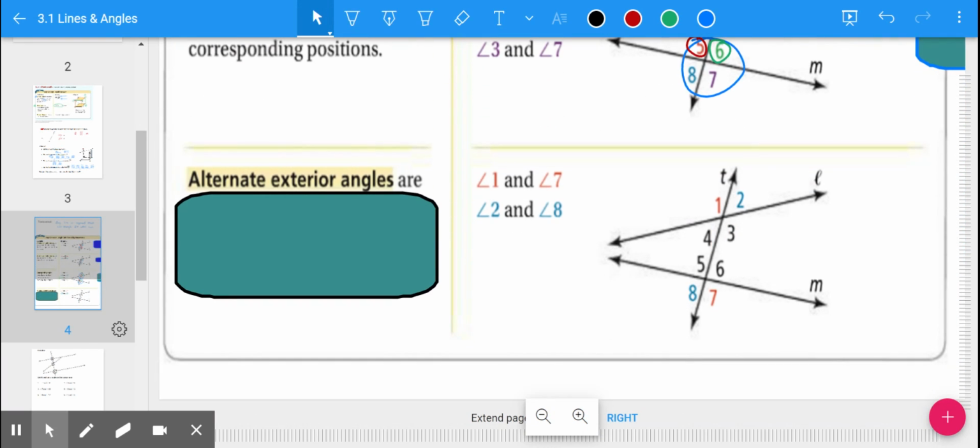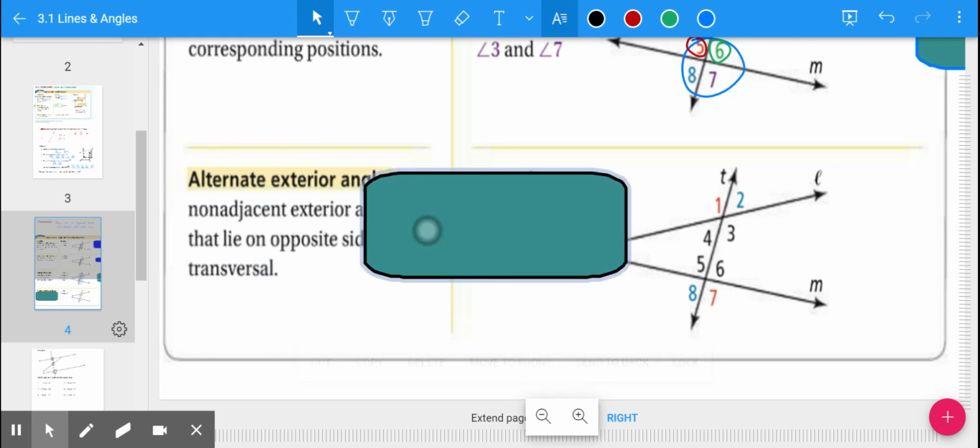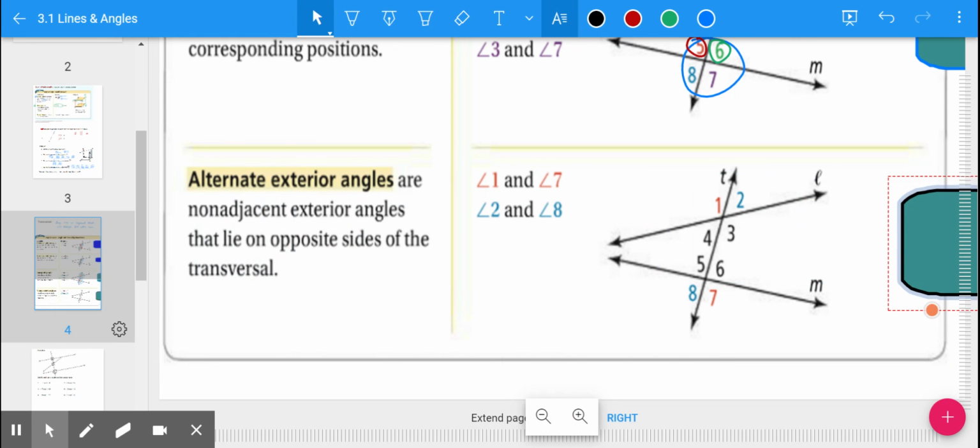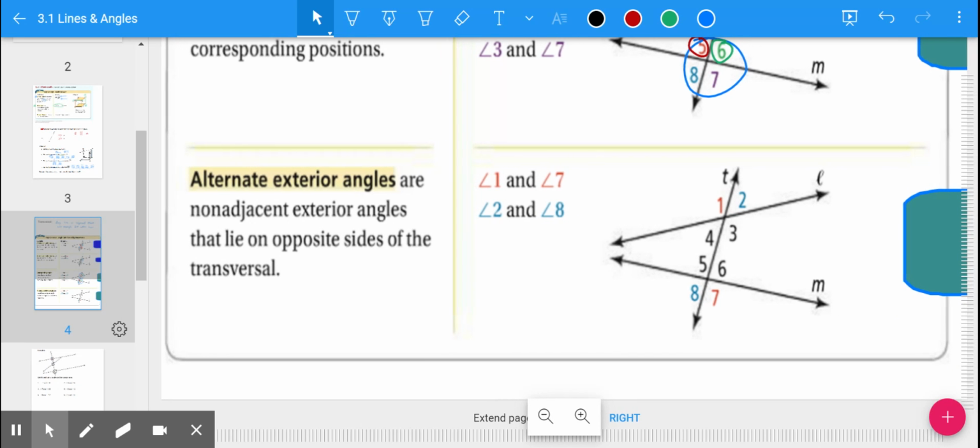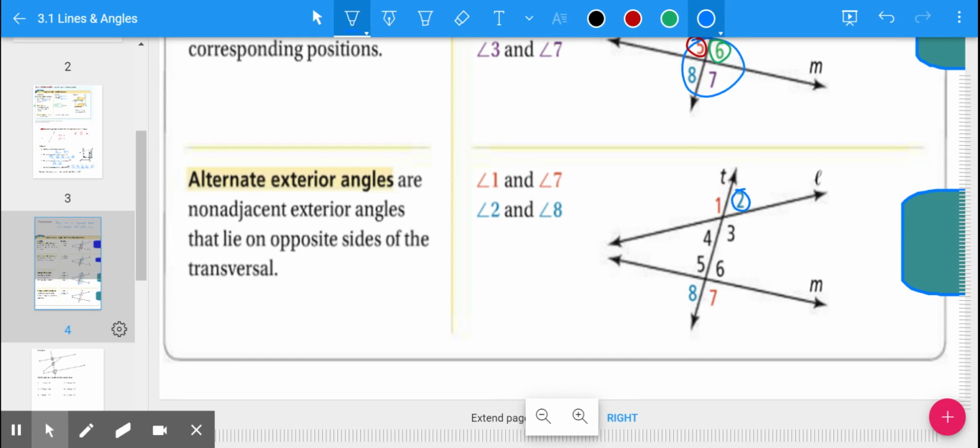And finally, alternate exterior angles. Alternate exterior angles are non-adjacent exterior angles that lie on opposite sides of the transversal. So alternate, meaning they're on the opposite sides of the transversal, and then they're on the exterior of the two lines. So that's why angles 2 and 8 would be considered alternate exterior angles.